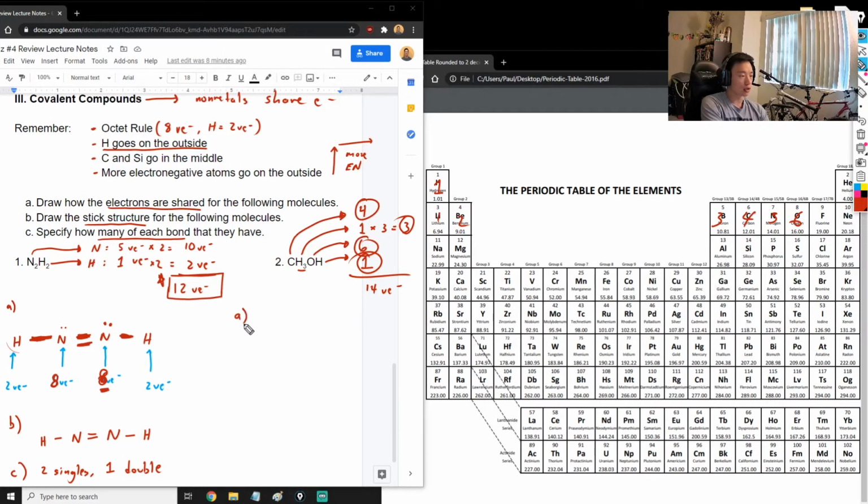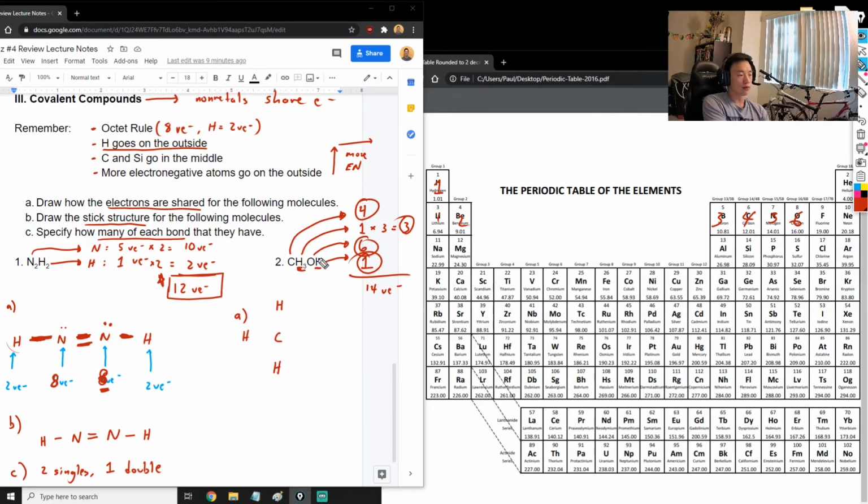So when we're drawing the structure, we can start organizing these atoms together using these rules. So we said earlier that the C has to go in the middle and H goes on the outside. So I'm going to put C in the middle and I'm going to put the H's around it. Now if you notice with this formula, the H's are separated, right? There's CH3 and then there's another H, OH.